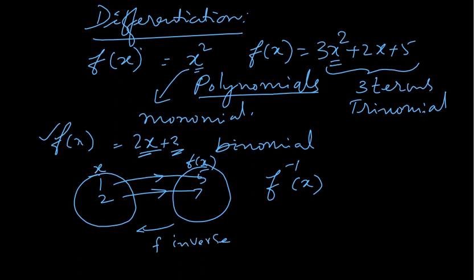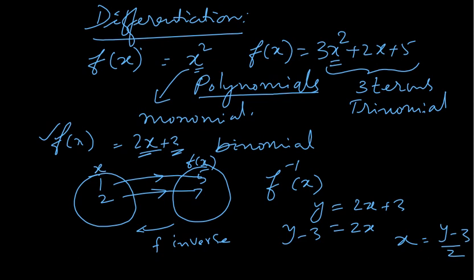In order to find the inverse of the function, we assume y is equal to 2x plus 3, then y minus 3 equals 2x, x is equal to (y minus 3) by 2. This is called the inverse of that function. I'll explain it again on the next page.